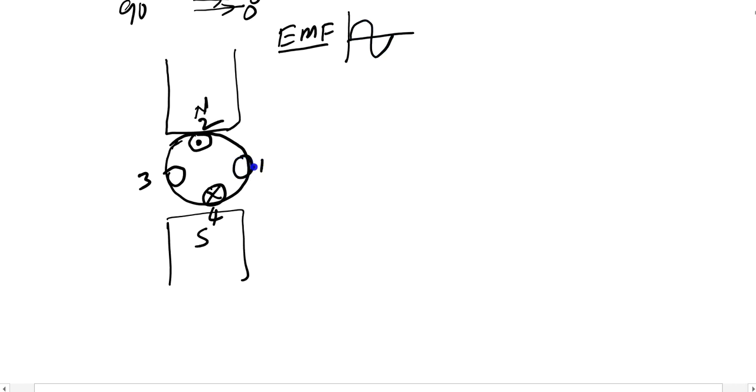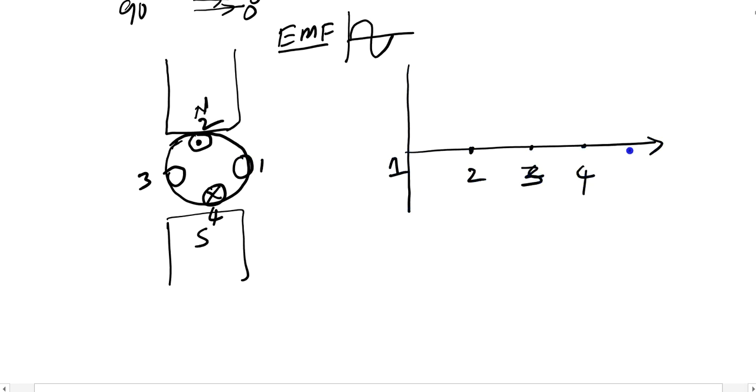So I will draw this line: this is the first position of the conductor, second position, third position, and fourth position, and again the first position, because it is continuously rotating, 1 2 3 4, 1 2 3 4. This is the rotation of my conductor on the rotor, as we know.